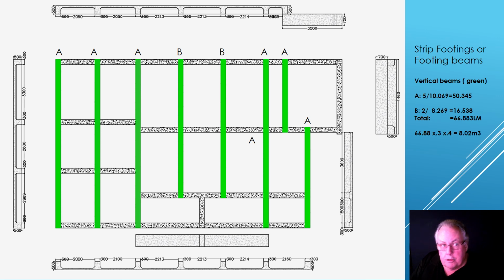And so we just simply count these up. 1, 2, 3, 4. Join these two together, and we end up over here 5 at 10 meters 69, which gives us a total of 50 meters 300.